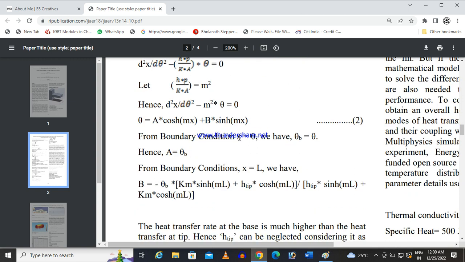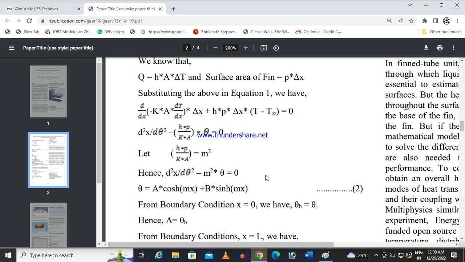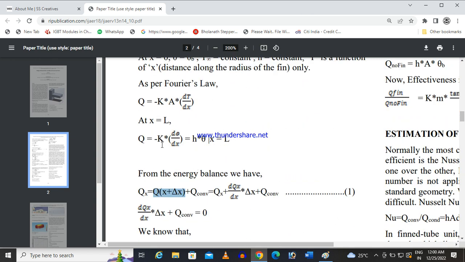The first boundary condition was at x equal to 0, theta is equal to theta b. If you put x equal to 0, A turns to theta b. The second boundary condition was Q equal to h into theta at x equal to L, so we need to find this d theta by dx.